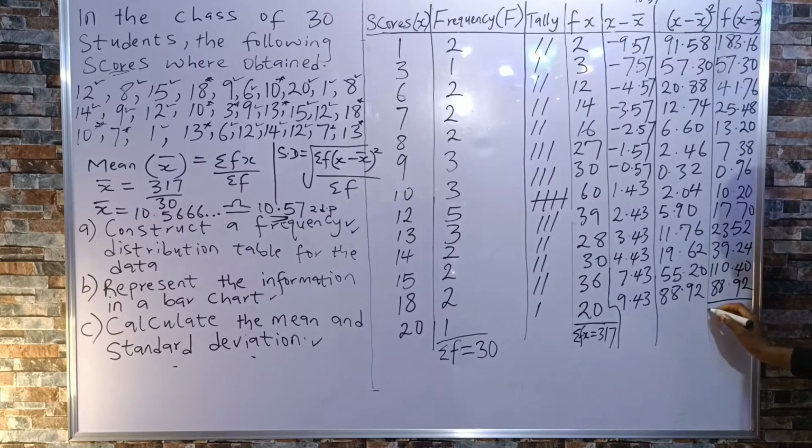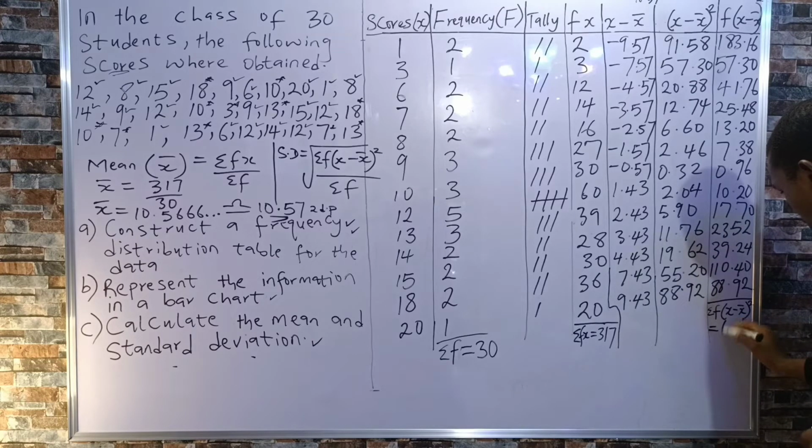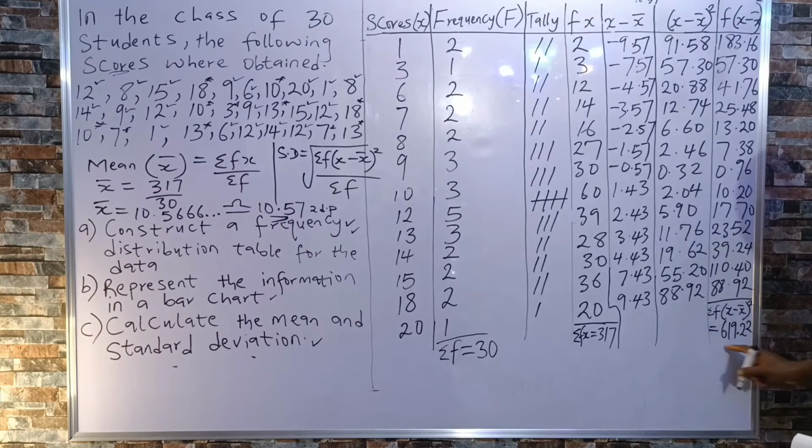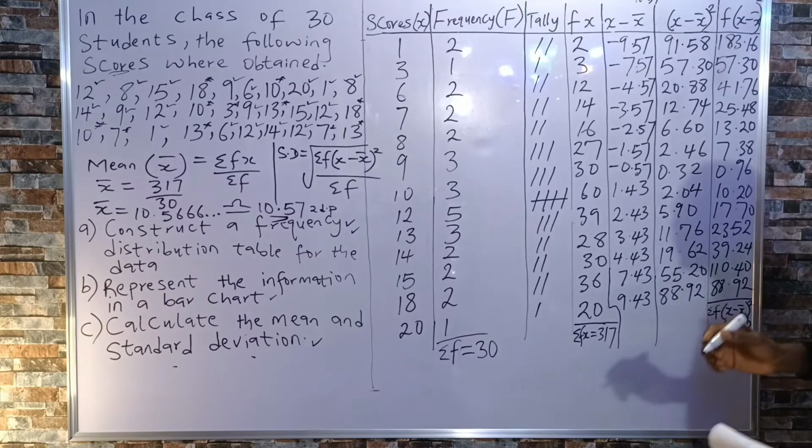When we sum all these, the value will give us 619.22. That is basically the value we have.